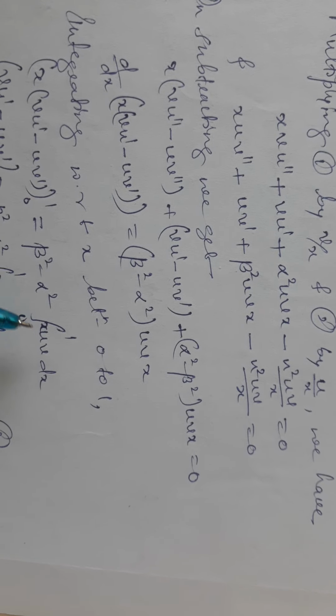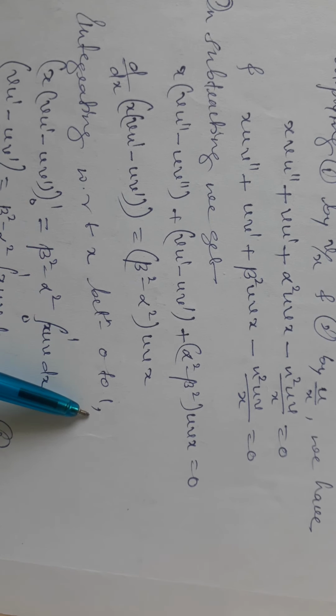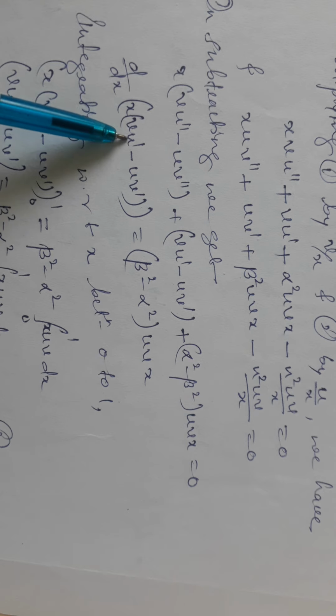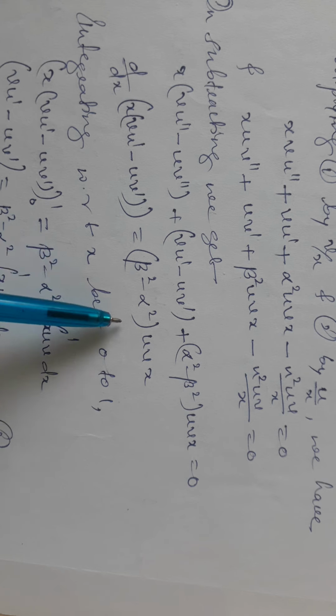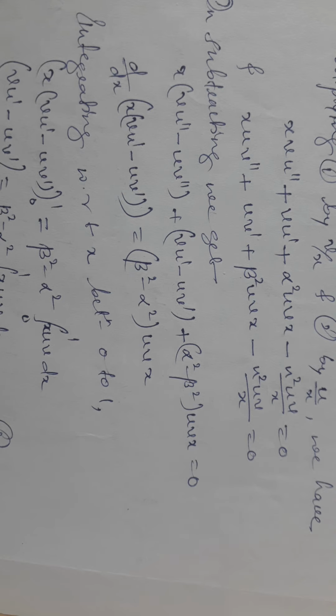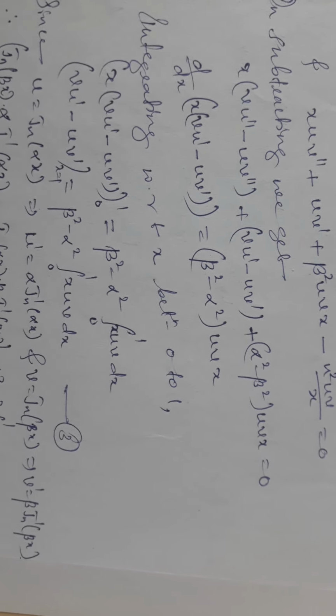Now by integrating with respect to x between 0 and 1, we get [x (v u' − u v')] from 0 to 1 equals the constant (beta² − alpha²) times the integral from 0 to 1 of x u v dx. Now x is 1, therefore v u' − u v' equals (beta² − alpha²) times the integral from 0 to 1 of x u v dx. We call this equation number 3.